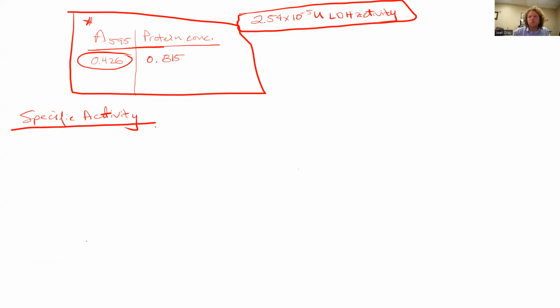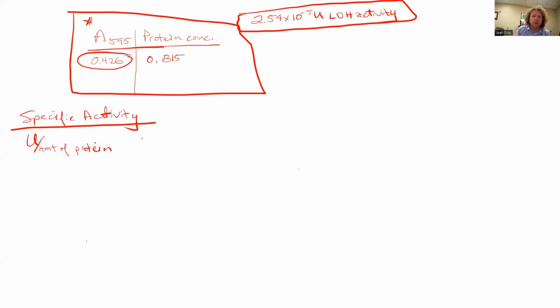Our specific activity is defined as units of enzyme activity per amount of protein. So the way that we should treat this is we know the units of LDH activity in that specific sample, and we also know the protein concentration in that specific sample.